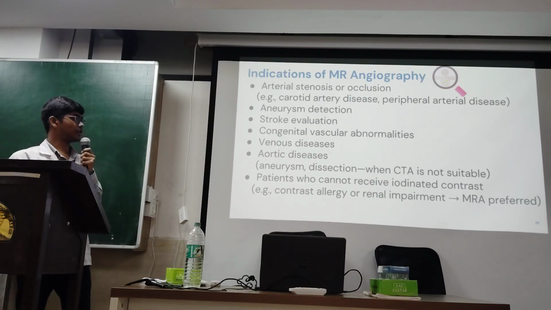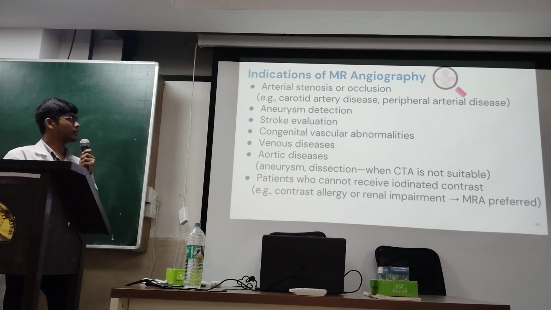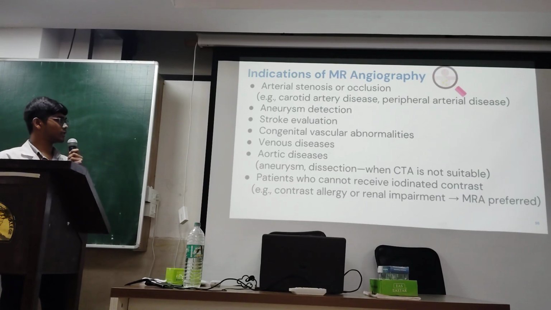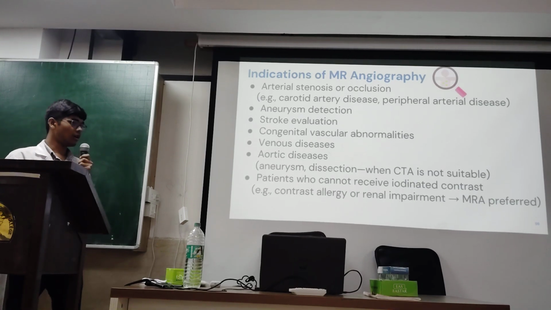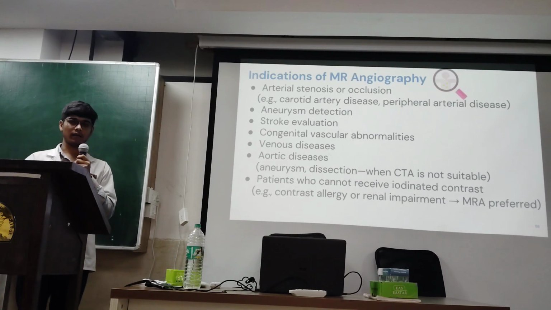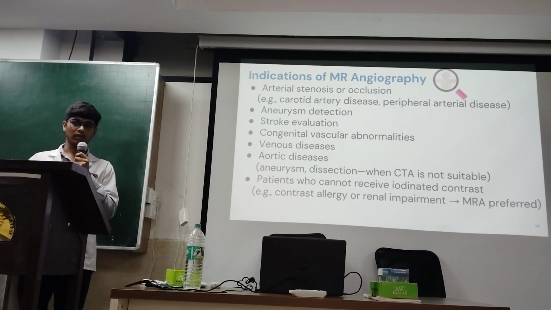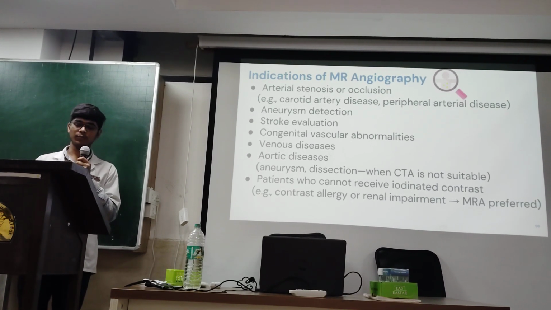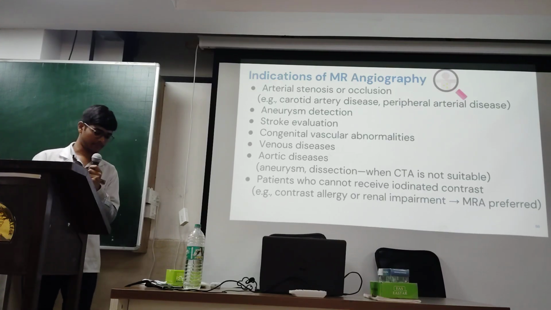Indications of MR angiography: it is used in arterial stenosis, aneurysm detection, stroke evaluation, congenital vascular abnormalities, venous disease, aortic dissection, or if the person is allergic to iodinated contrast dye, the person is preferred to do MR instead of CT.